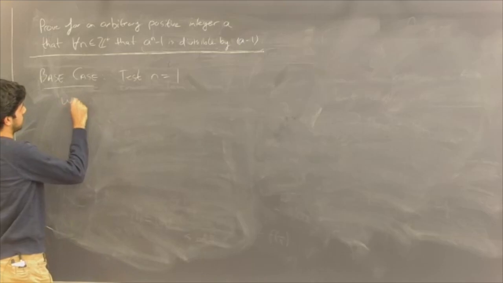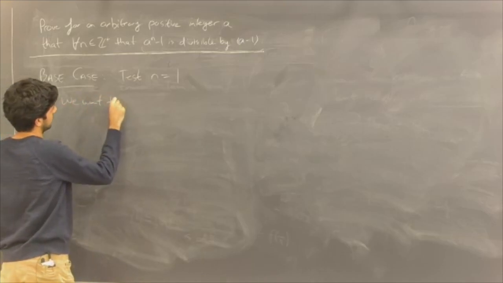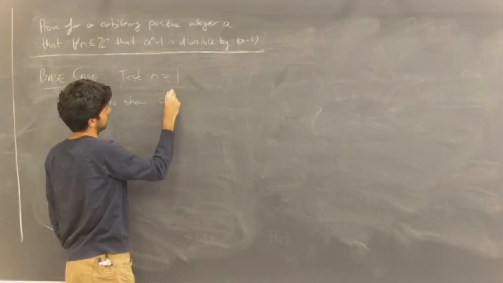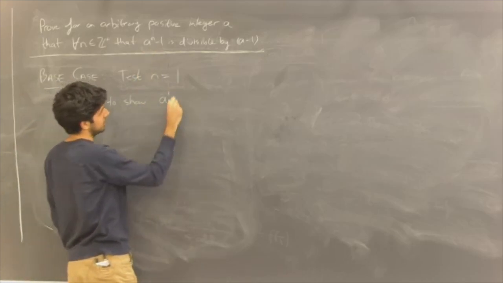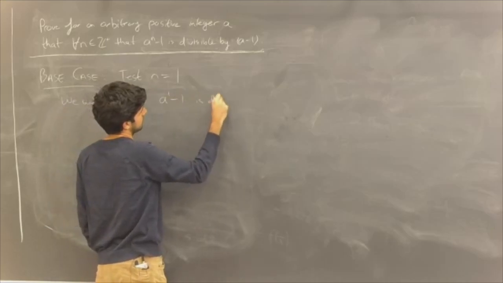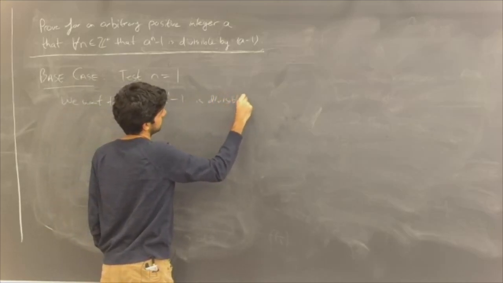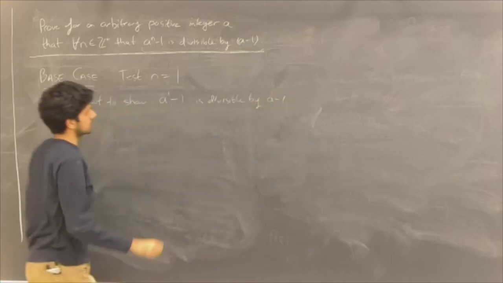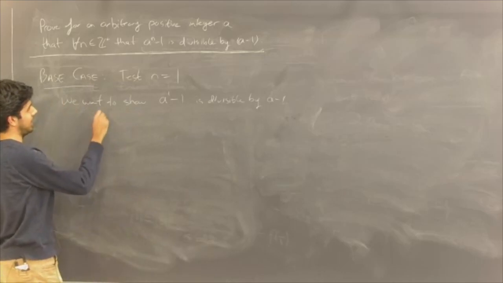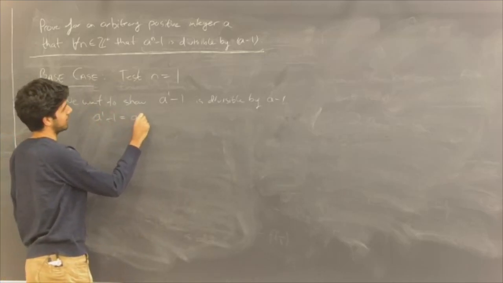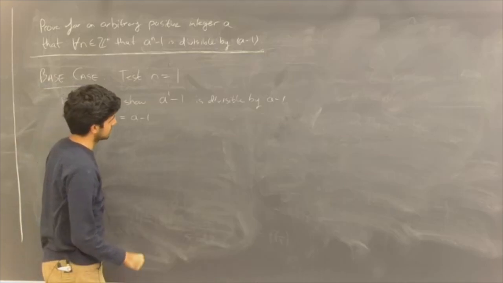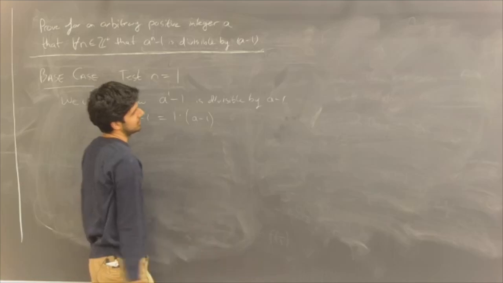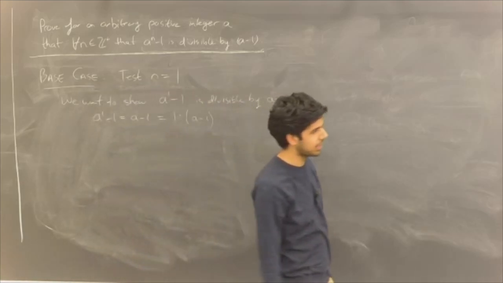So we want to show that a to the power of n, or in this case, a to the power of 1 minus 1 is divisible by this a minus 1. Well, a to the 1 minus 1 equals a minus 1. And, well, that's equal to 1 times a minus 1. So it's obviously divisible by a minus 1.